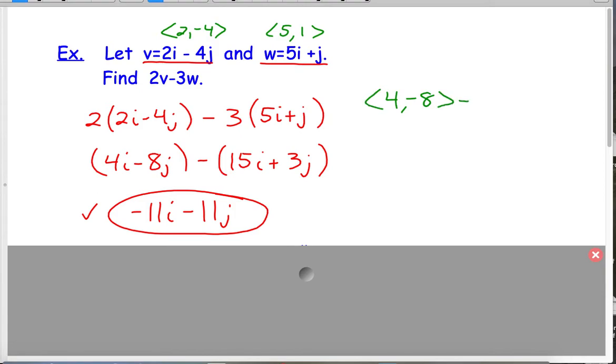And 3 times w is going to be (15, 3). So then when I do 4 minus 15, I get negative 11. And negative 8 minus 3, negative 11. And that's the same as that.